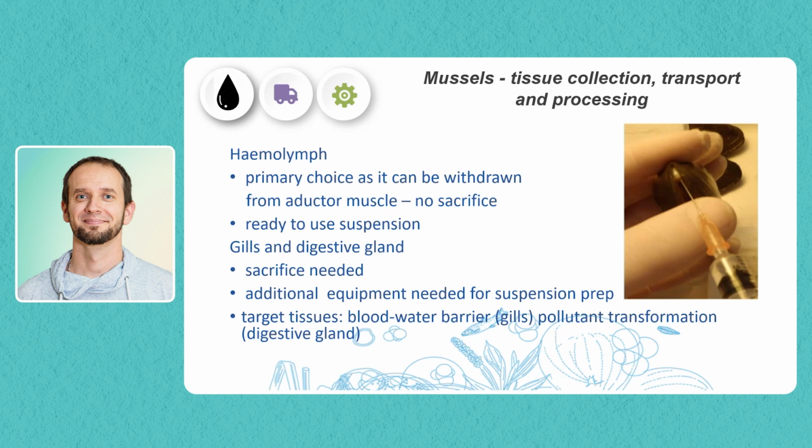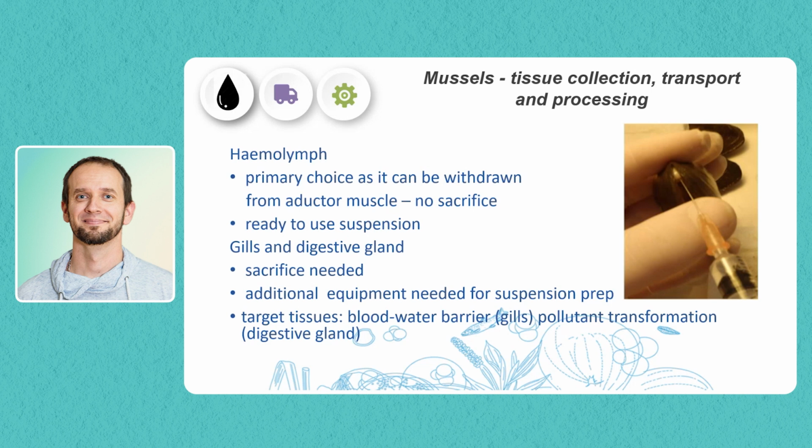When we are working on mussels, again, we most often use hemolymph. It can be taken from the adductor muscle without killing the animal, as shown in the image here. You can put the animal back in the environment, and it will survive. It is again a ready to use suspension.